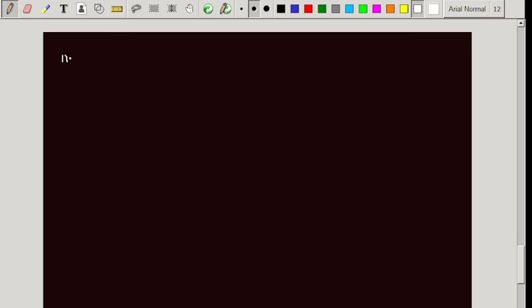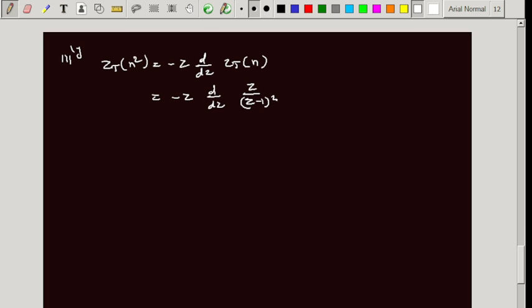Similarly, we can find out in the same way. Z transform of n square is nothing but minus z into d by dz of z transform of n. We know the formula of this one: minus z into differentiation with respect to z of z divided by z minus 1 whole square.